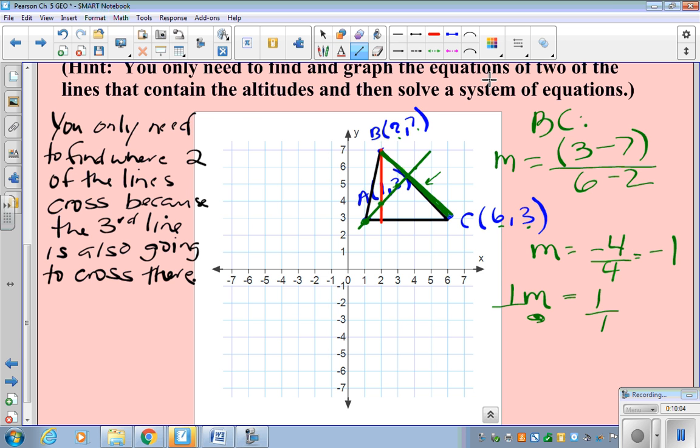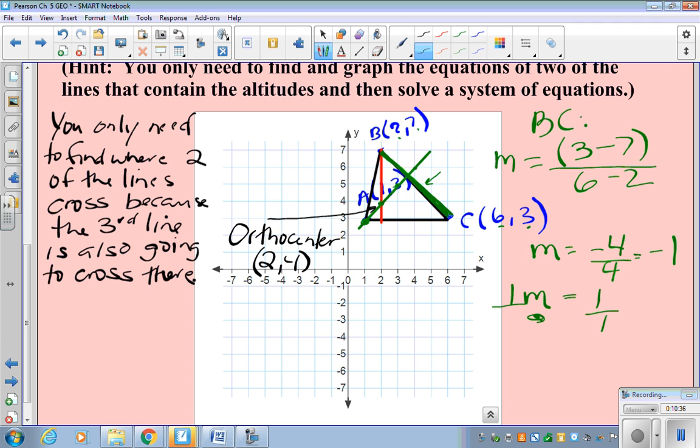So the altitude that goes from A to side BC crosses my red line at which point? So our orthocenter is at over 2, up 4.